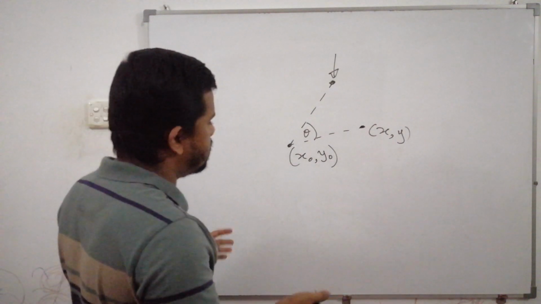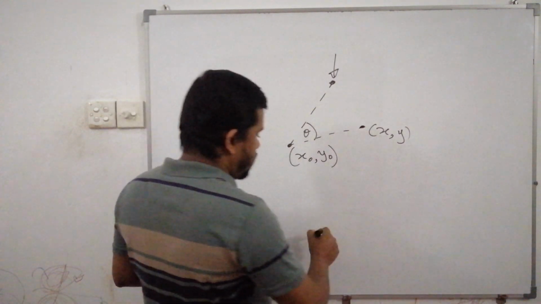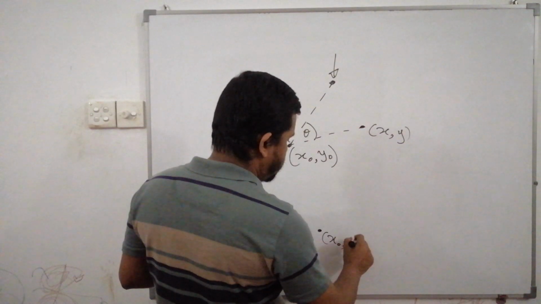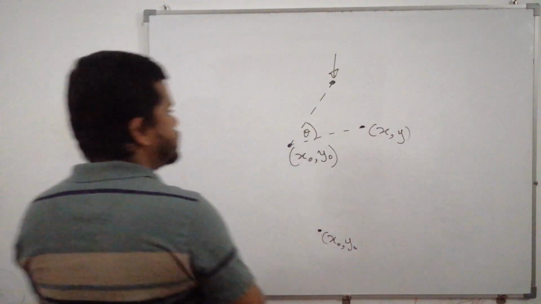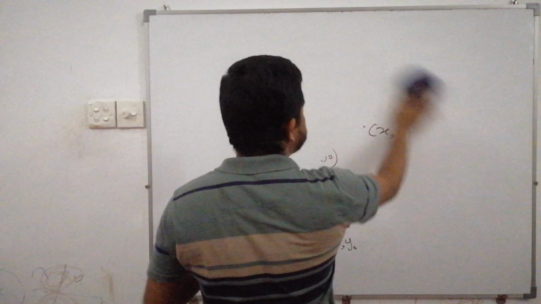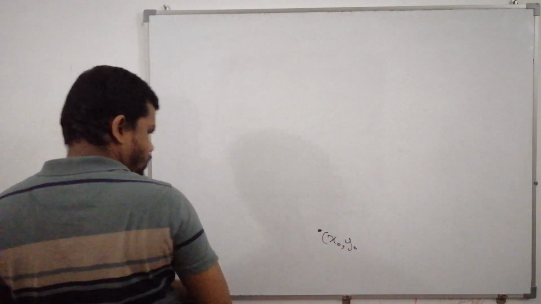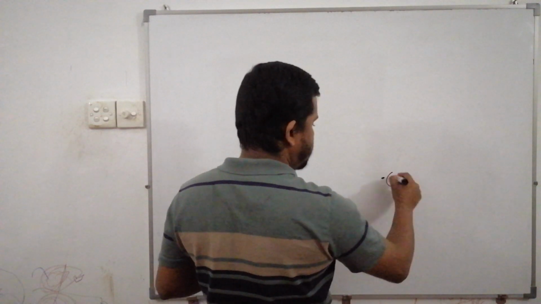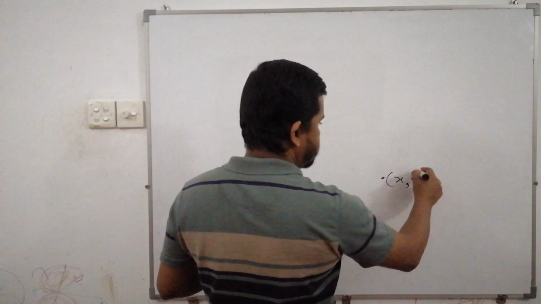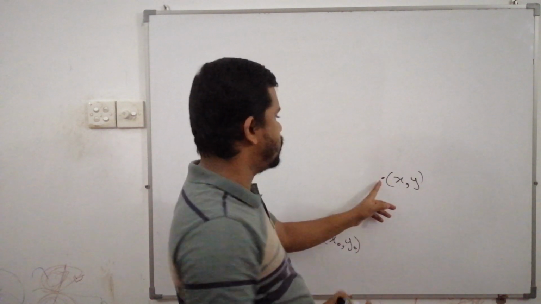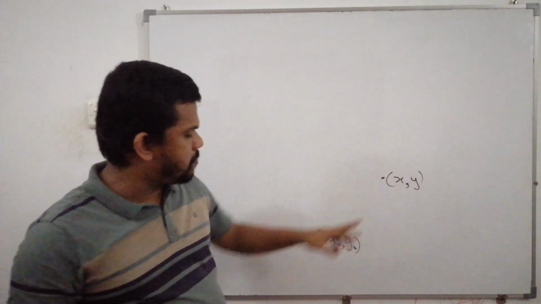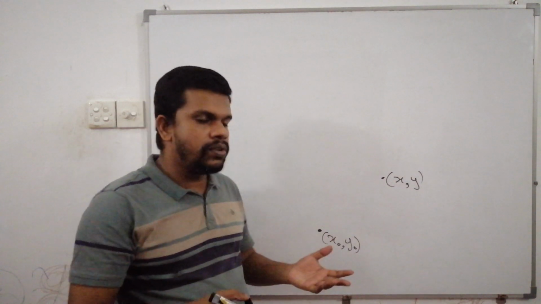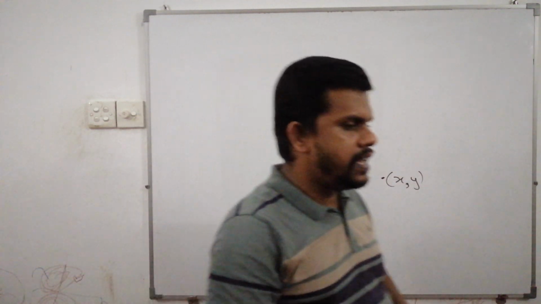After that we discussed general pivot point scaling. That means if this is our pivot point and we have another point, and we want to scale this point with respect to this one, that is called general pivot point scaling.